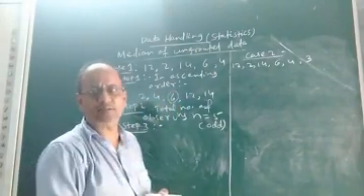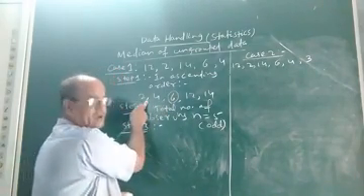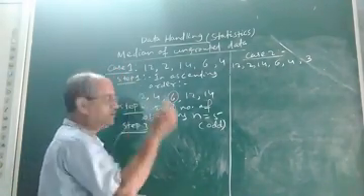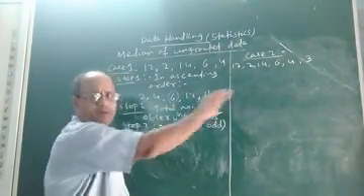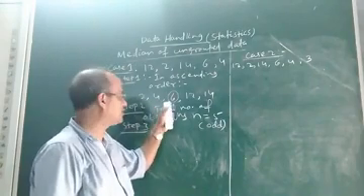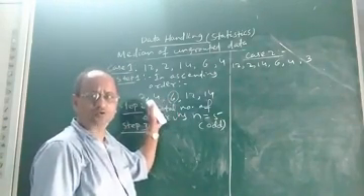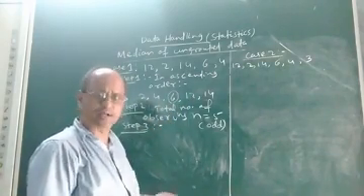Why? You can ask me, sir, why 6 will be the middle value? To the left of 6, how many observations are there? 2. And to the right of 6, how many observations are there? Also 2. That means to the left of this observation 6 there are 2 scores, and to the right of 6 also there are 2 scores.